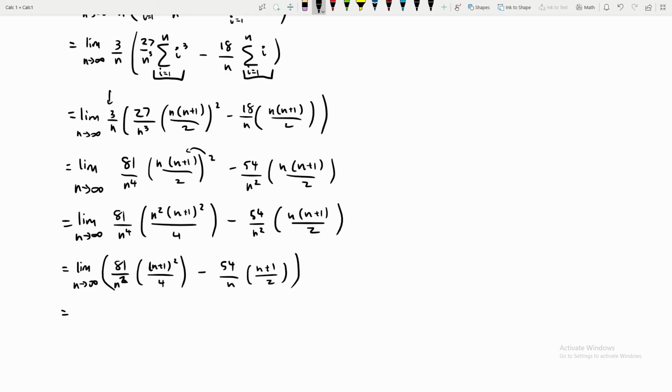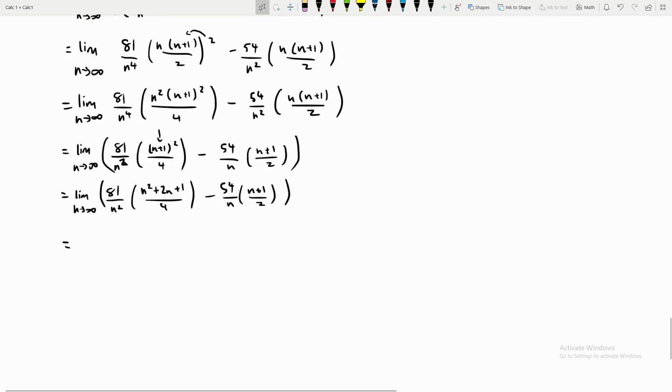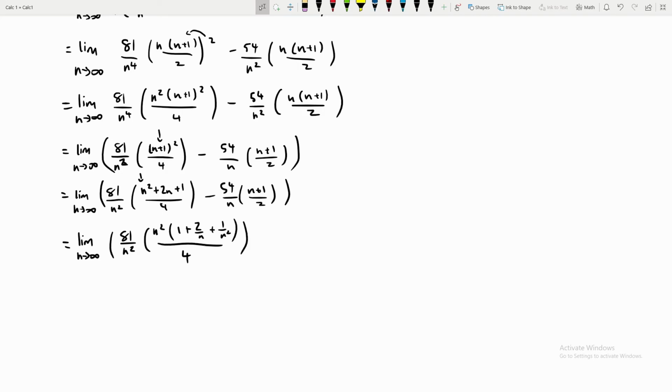Now I'm going to expand the numerator here. Now I'm going to factor the top, the numerator, to cancel out the denominators here. Now I'm going to cancel out the denominators and numerators.